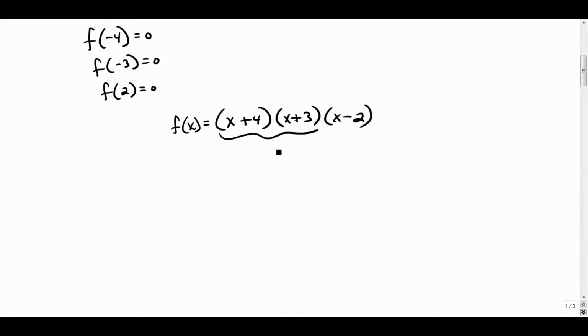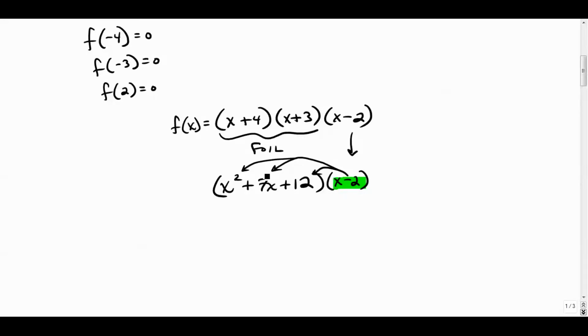So let's take 2 at a time. We'll FOIL these together. So x squared plus 7x plus 12 is what we get there. Bring this one down, and we're simply going to have to distribute this binomial into all 3 of these terms. FOIL is a distributive, and this is another distributive, so this is kind of like a double distributive problem.